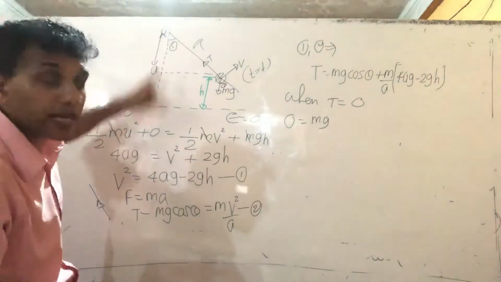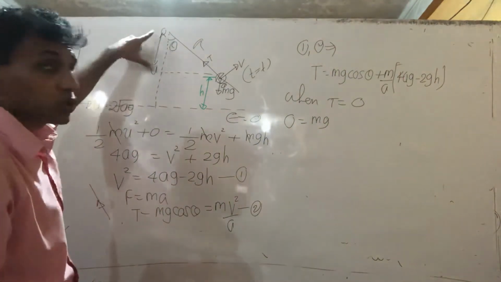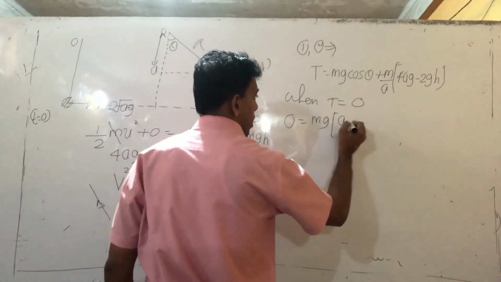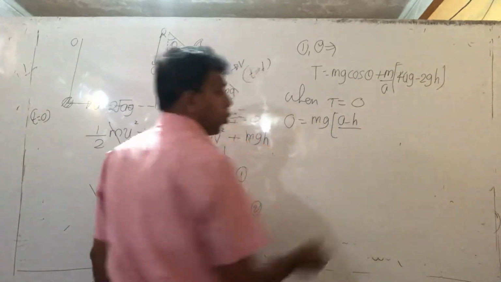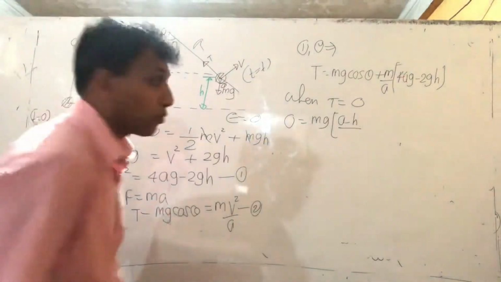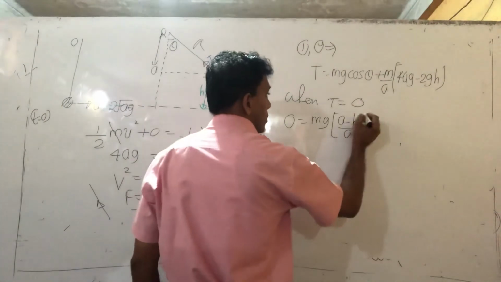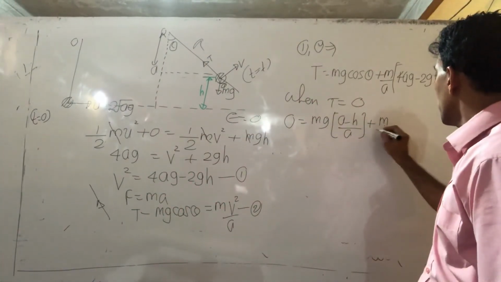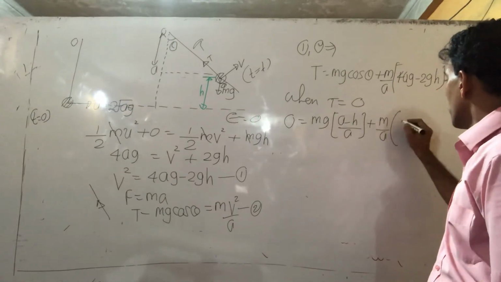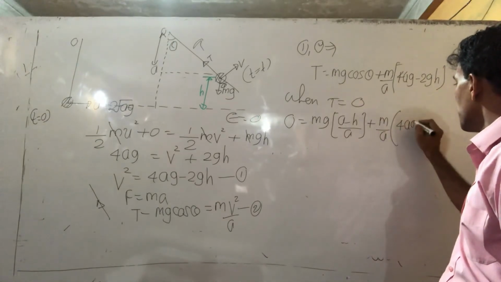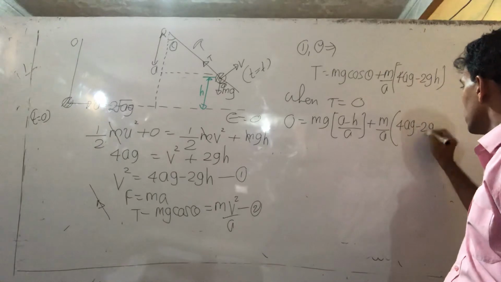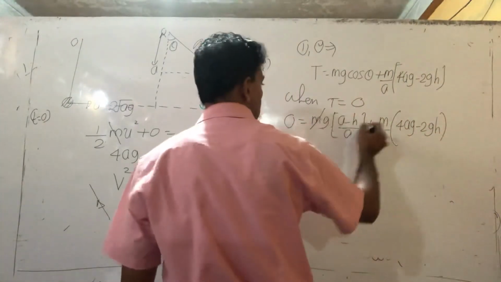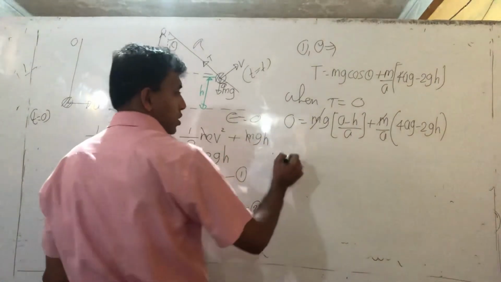This is h, so a minus h. A minus h over the hypotenuse a, right? Plus m over a times 4ag minus 2gh. By solving, M cancels, find the h value.